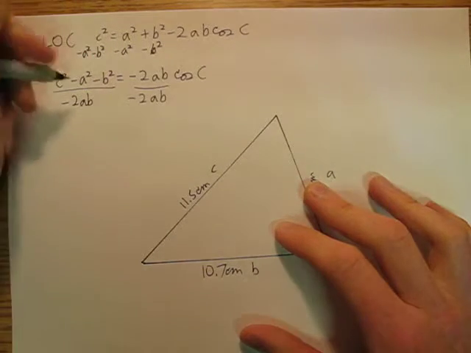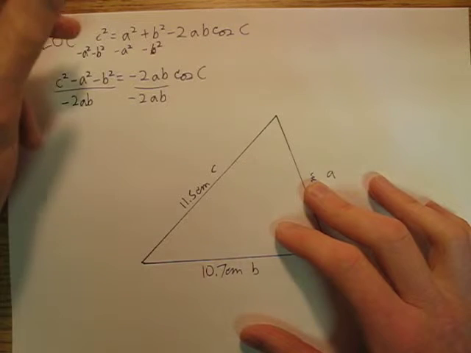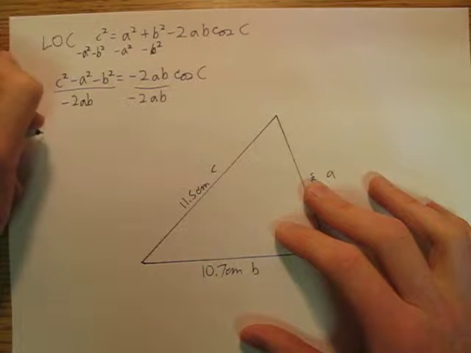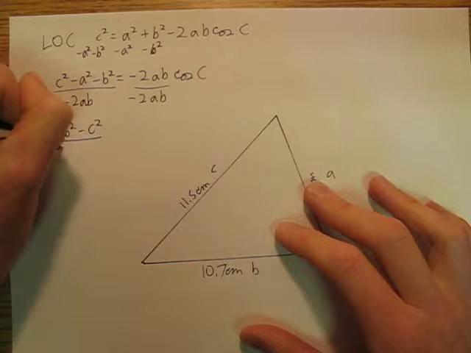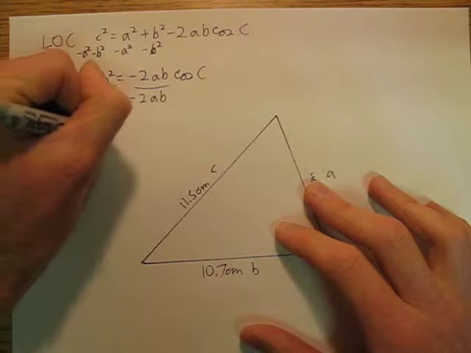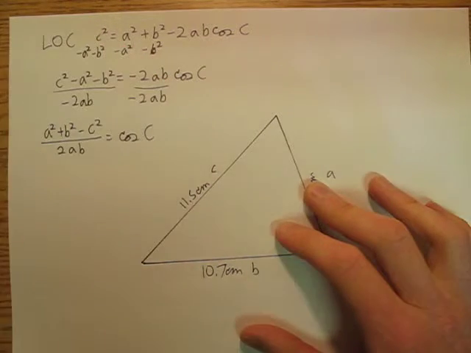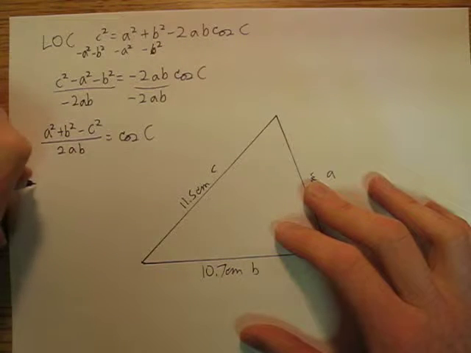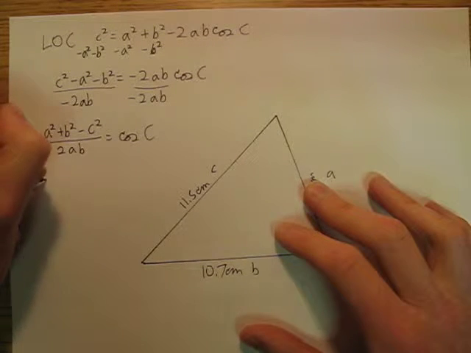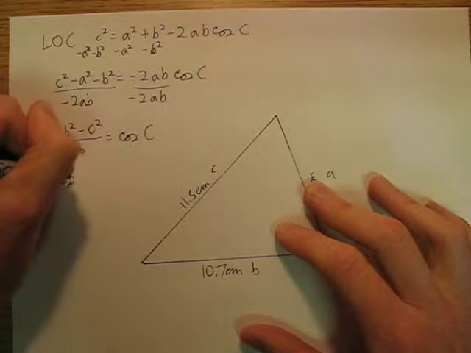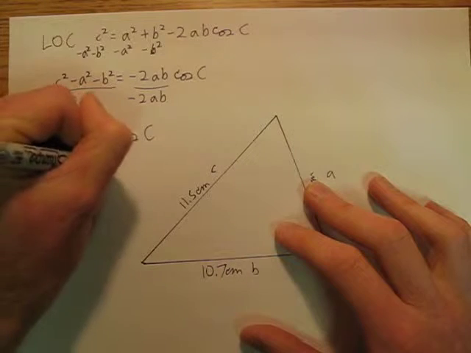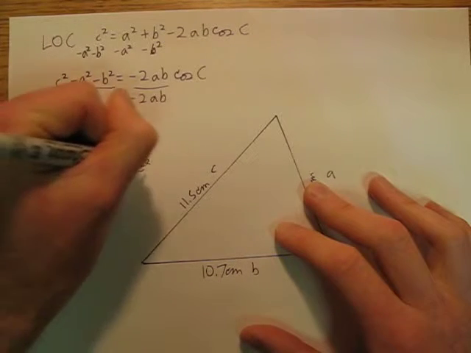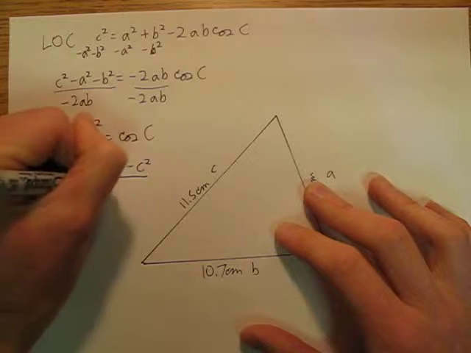I'm going to flip some signs around here. It's going to be a little bit confusing for some people, but I'm going to get a squared plus b squared minus c squared over 2ab is equal to cosine C. And then last but not least, C is equal to cosine inverse of a squared plus b squared minus c squared over 2ab.